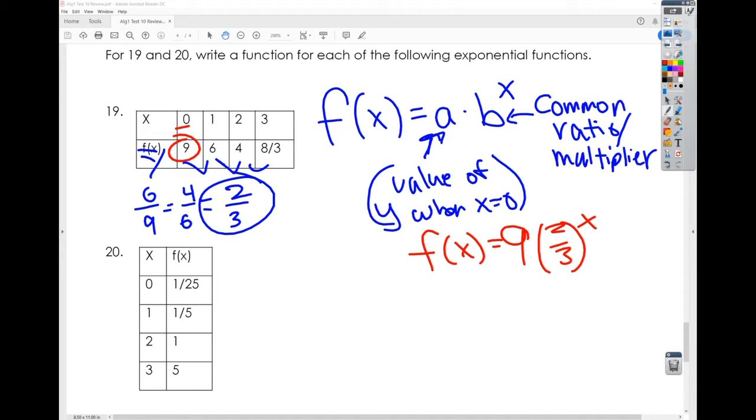Okay, and then on problem 20, the first thing I'm going to do is find the constant ratio. So I'm going to take the 1/5 value and divide it by the previous value of 1/25. Be careful how you put that in the calculator. Division by 1/25 is actually the same as multiplication by 5.